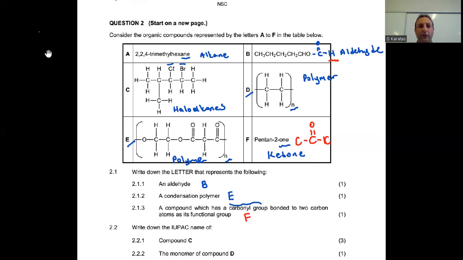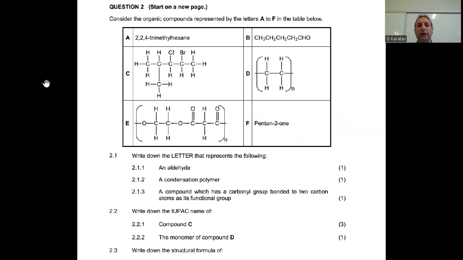That is question 2.1. If we move down a little bit, 2.2 says, write down the IUPAC name of compound C. Compound C is here. We need to choose the longest chain first, and the longest chain will be that straight chain with 1, 2, 3, 4, 5 carbon atoms.